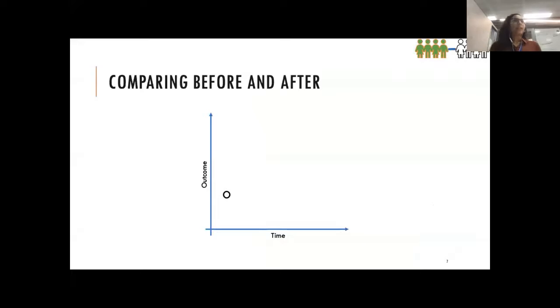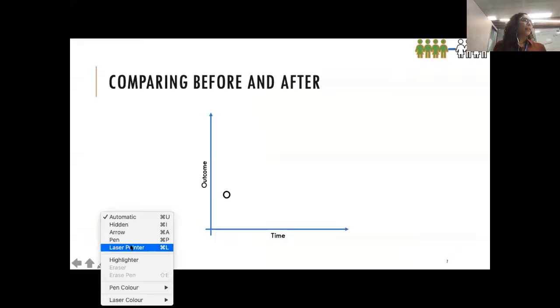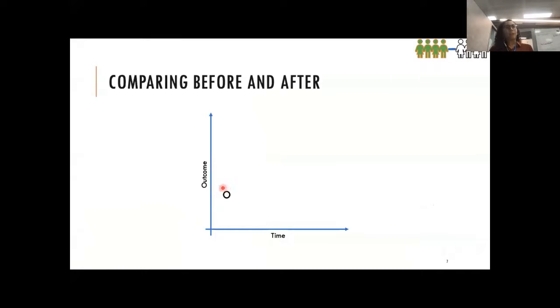Here we have the average participant at the beginning of time. So we're assuming that they have this attendance rate to school. And then we give them money, and we see that their attendance rate increases at the end of the period.